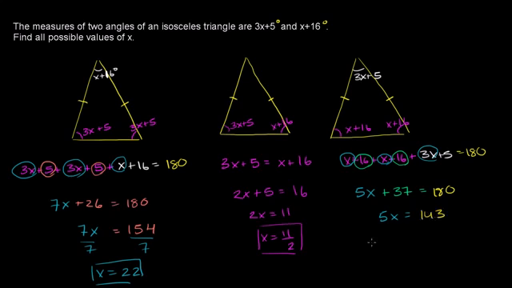So it's not going to divide nicely. Divide both sides by 5, you get x is equal to 143 over 5, which we could just leave as an improper fraction. You could write it as a mixed number or however else you might want to write it. And we're done. These are the three possible values of x given the information that they gave us right up there.